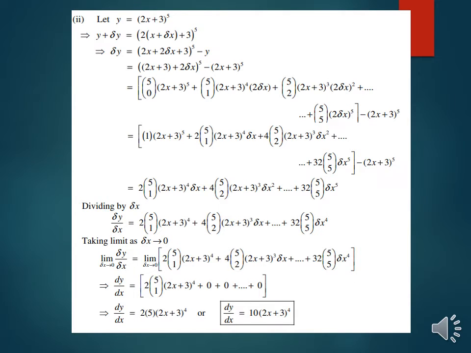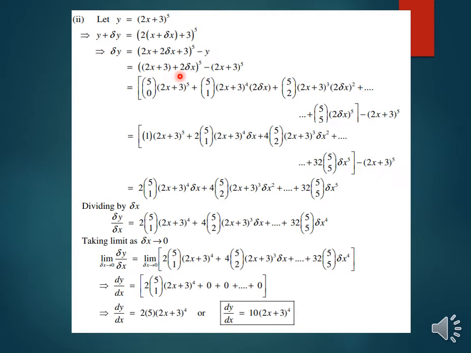Now student, question number 2 is (2x plus 3) raised to the power 5. So in the first step we add y plus delta y as the replacement of y, and x plus delta x as the replacement of x, and similarly we shift y to the other side, then it becomes negative, and put the value of y, (2x plus 3) raised to the power 5.